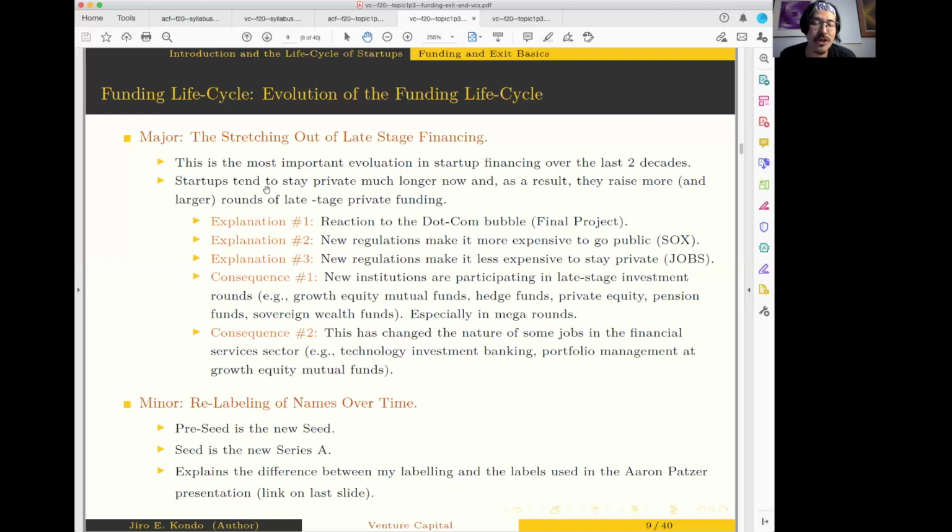In other words, the cost of being public went up. And if the cost of going public goes up, then you stay private longer. Make sense? If you want more detail on that, just do your own search on Sarbanes-Oxley, oftentimes referred to as SOX, S-O-X.